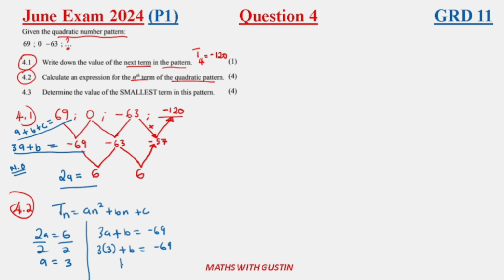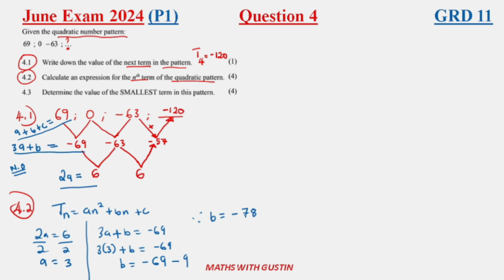So negative 69, and then 3 times 3 will give us 9. Then we take 9 to the other side, so it's going to be negative 69 minus 9. Therefore b should be equal to negative 78.